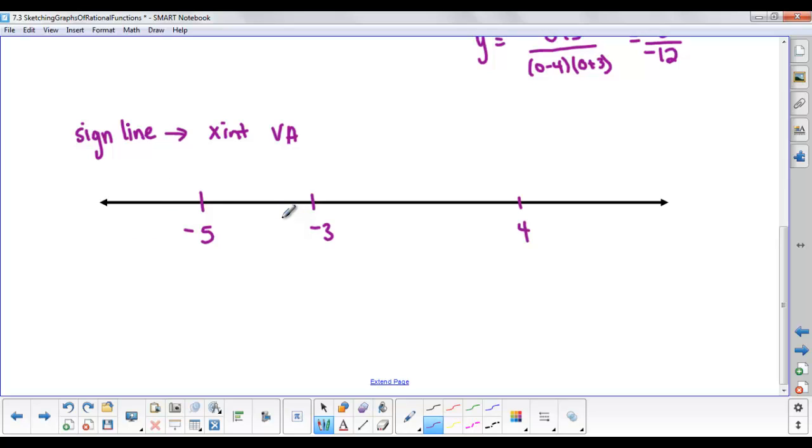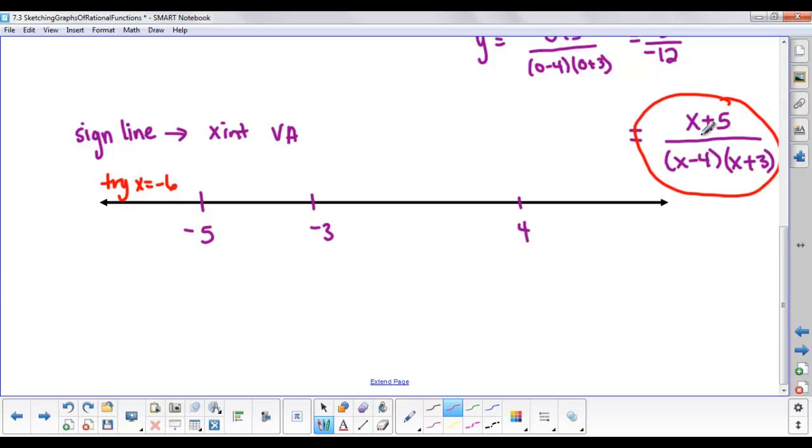That will tell me if my function is above the x-axis, if it's positive, and below the x-axis, if it's negative. So we want to try some test values. For anything less than negative 5, we can try x equals negative 6. In that factored form from above, which is on the right side of the screen now, we sub in x equals -6.